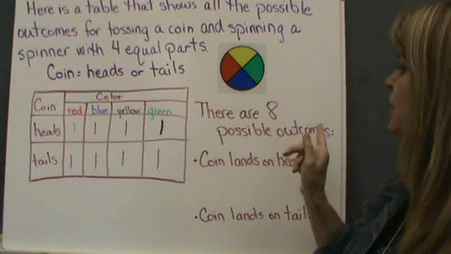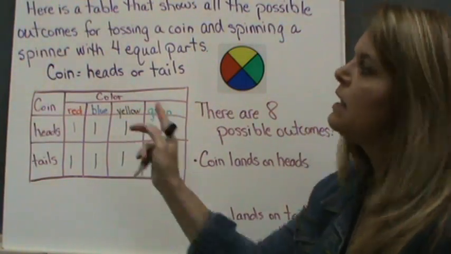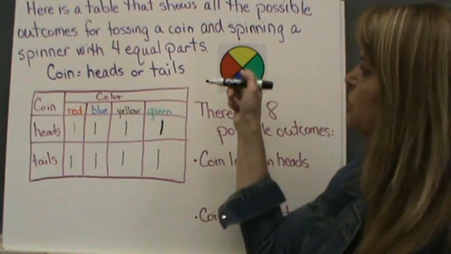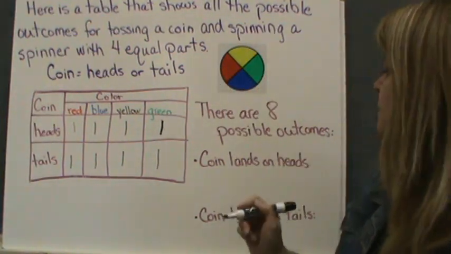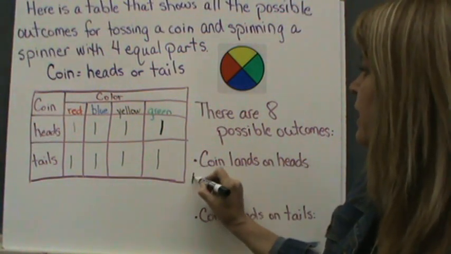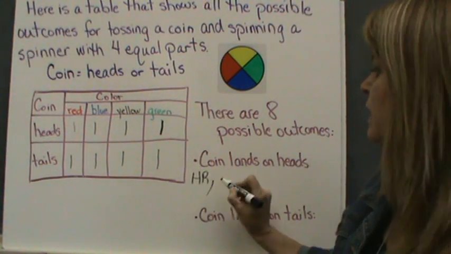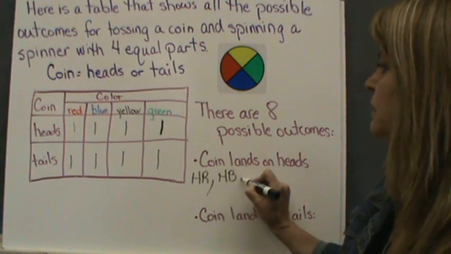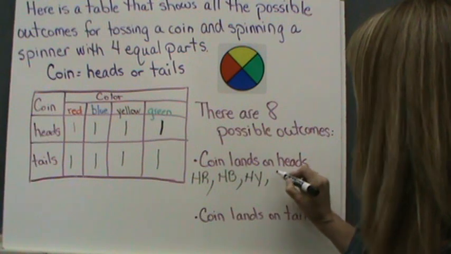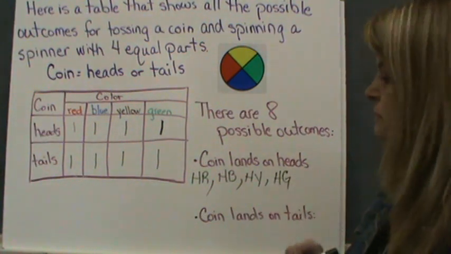So there are 8 possible outcomes if I flip a coin 1 time and I spin my equally portioned spinner 1 time. If my coin lands on heads, I get heads red, heads blue, heads yellow, or heads green.